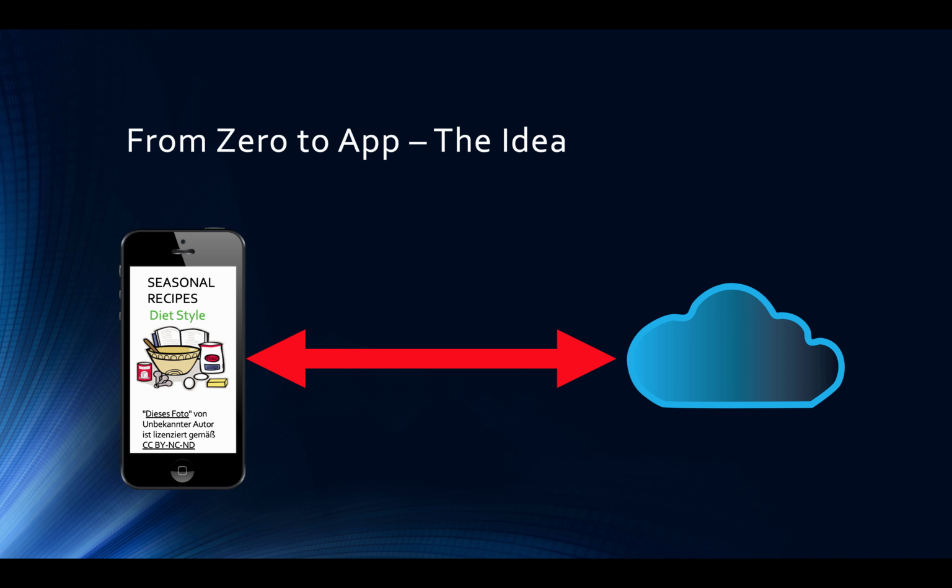I focused on just certain features. That's actually something you have to do with your own app as well. So if you create an app or have the idea to create an app, you have to write down the features for version 1 so that you actually get your app done in a limited time.